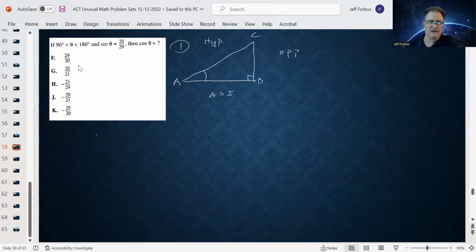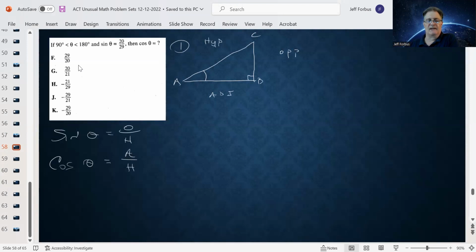Okay. Now, you know the sine is the opposite over the hypotenuse, and you know the cosine is the adjacent over the hypotenuse. So I'm betting that everybody knows these two formulas. They're going to be important.